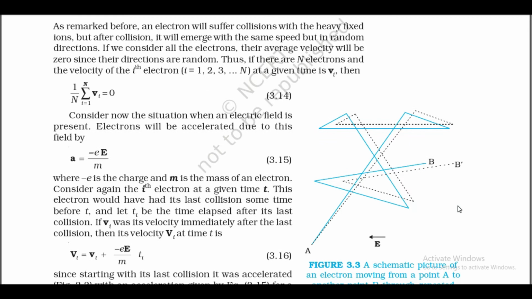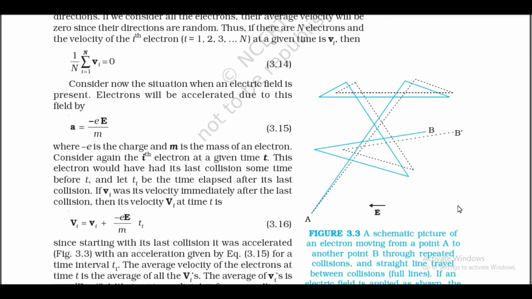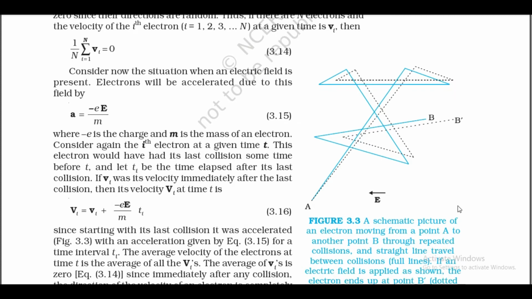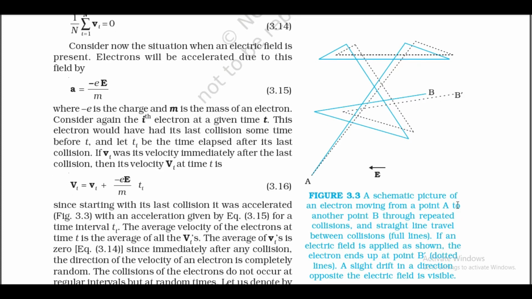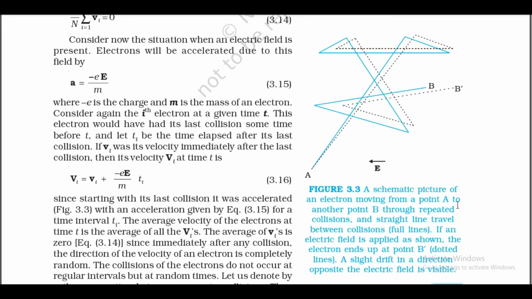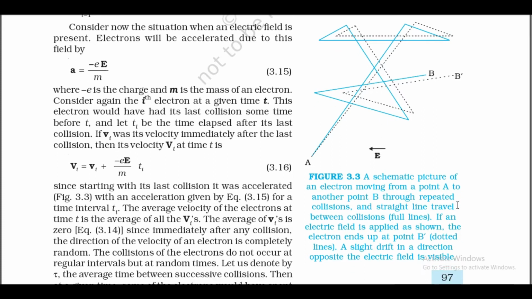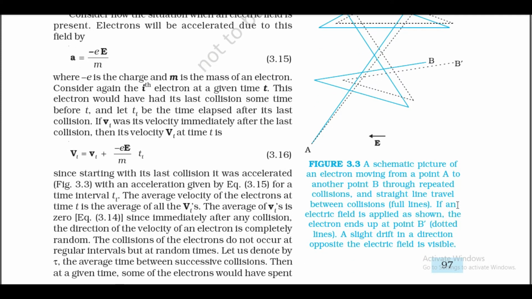Consider now the situation when an electric field is present. Electrons will be accelerated due to this field by a = -eE divided by m, where -e is the charge and m is the mass of an electron. Consider again the ith electron at a given time t. This electron would have had its last collision sometime before t, and let t_i be the time elapsed after its last collision.